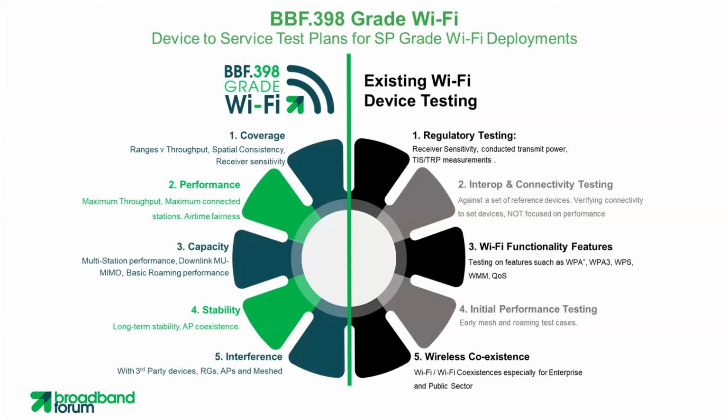And we did it through the Broadband Forum to help test coverage and performance, including scalability as well, right? So how many stations can be connected and that kind of thing. Ultimate capacity, long-term stability, which is incredibly important, and how it performs in the presence of interference. And it's meant to complement the testing that's already out in the industry.